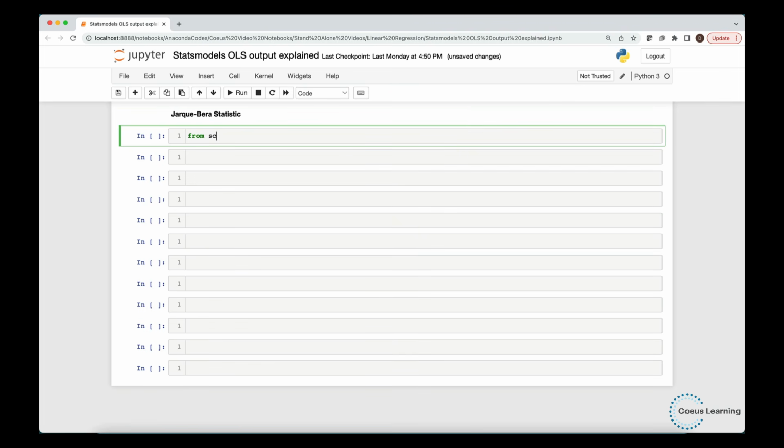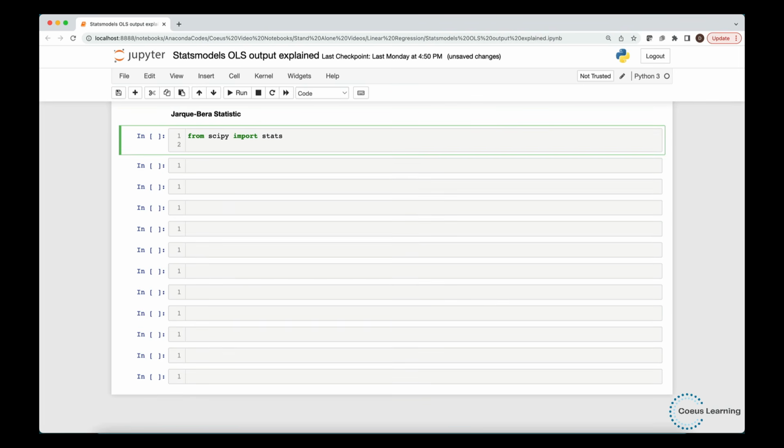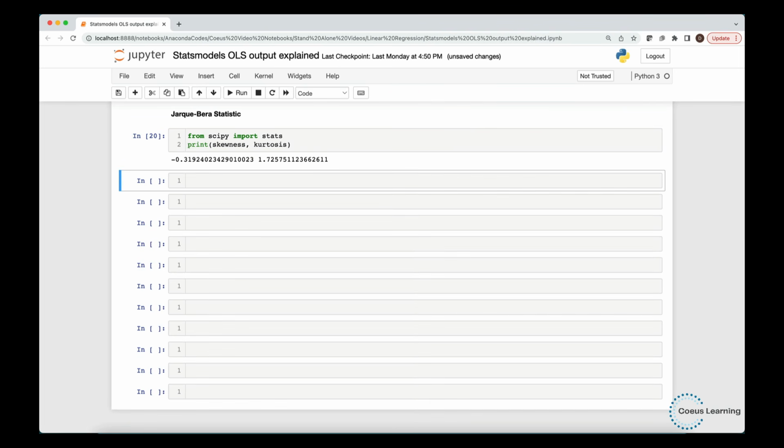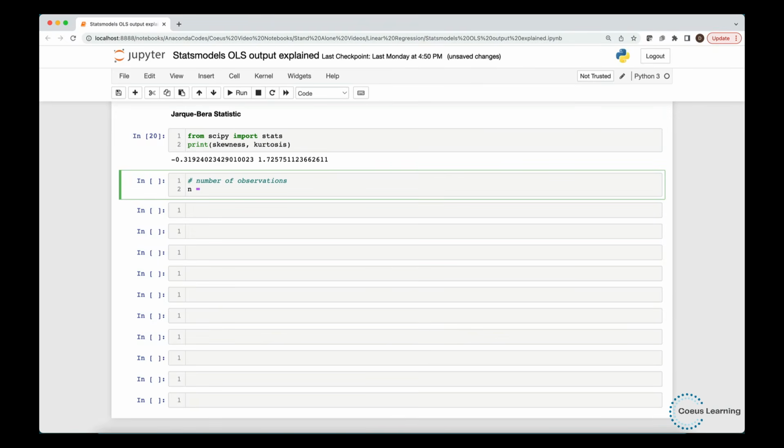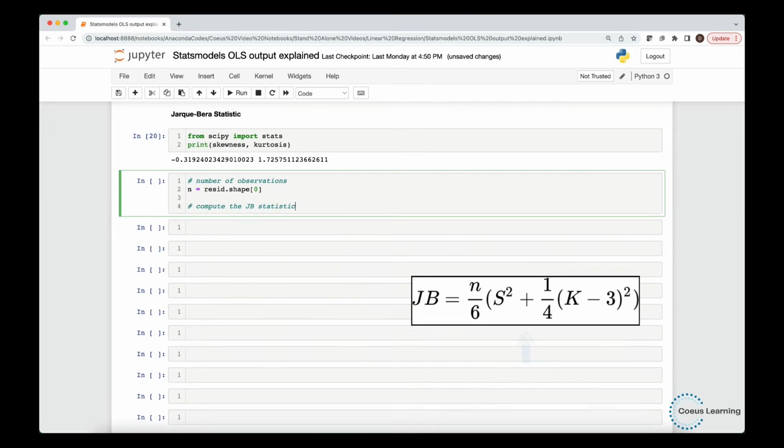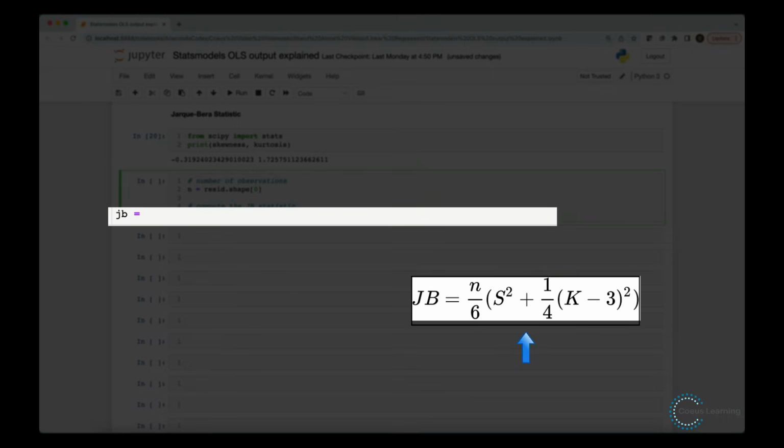Now we see the computation of the Jarque-Bera statistic and its p-value. We use the previously calculated residuals, skewness, and kurtosis. We input the required values to the Jarque-Bera formula as shown here.